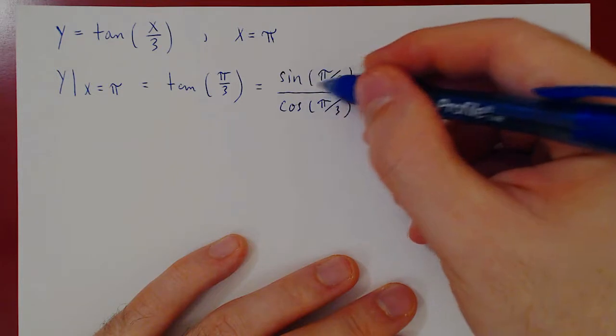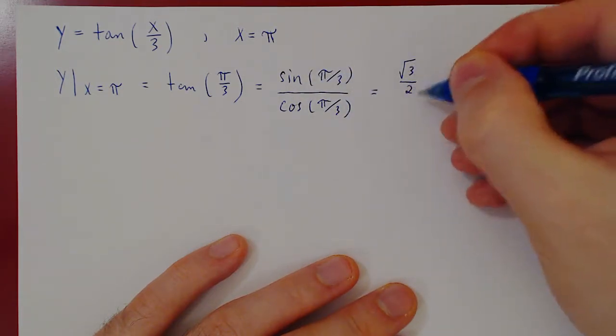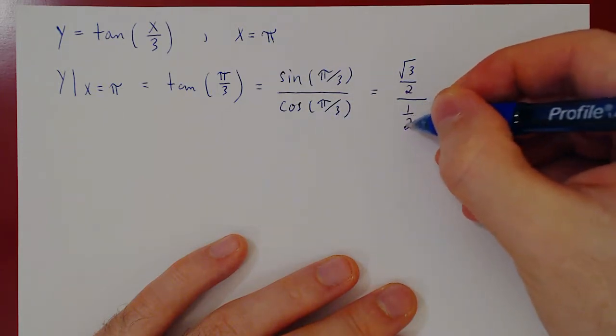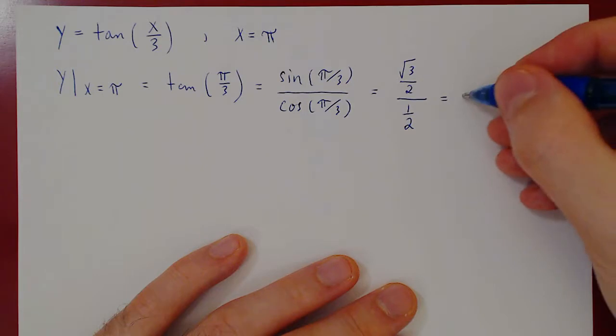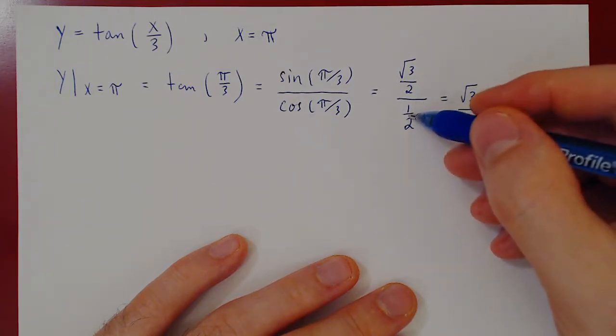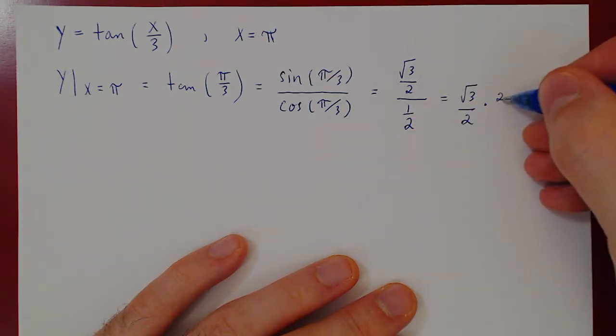So if you remember, sine of pi over 3 is root 3 divided by 2, over cos of pi over 3, which is 1/2. Well, we have root 3 over 2 on top. And if you divide by a fraction, you multiply by the reciprocal, so you multiply by 2 over 1.